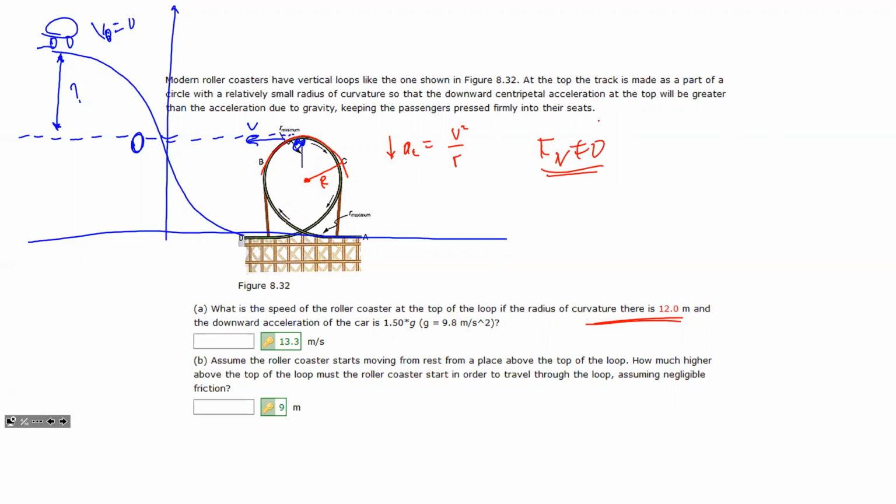That is why you cannot apply the expression for the critical speed, because the speed here is greater than critical. You actually have to calculate speed because you know your acceleration here is supposed to be equal to 1.5 times g. The critical speed means your acceleration would be equal to 1 times g. That's the difference.